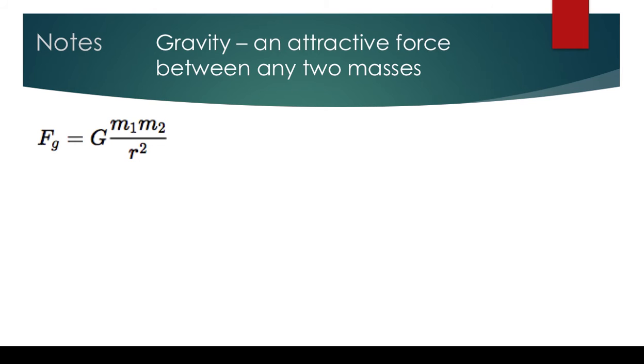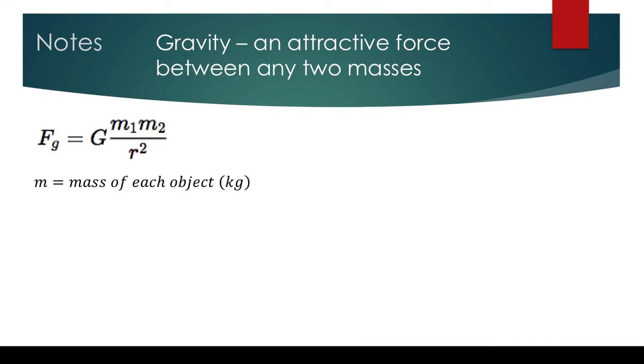Here's our relationship. Like we said earlier, as M1 and M2 increase, Fg would increase. Since R is in the denominator, if R were to decrease, so if we move the objects closer to each other, Fg would increase.